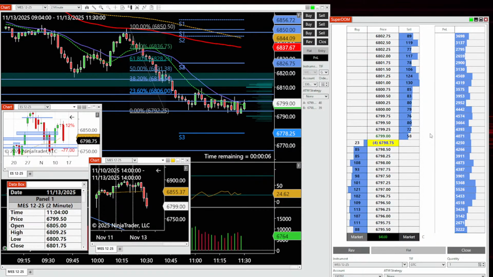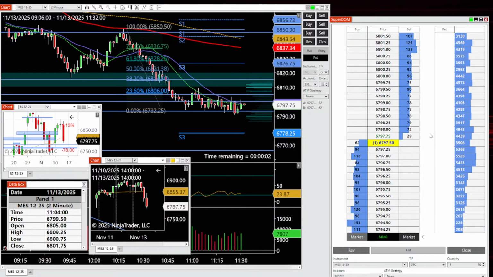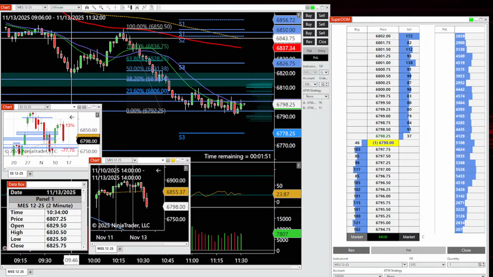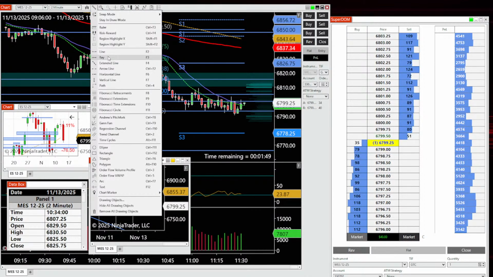15-minute bar about to open up in 4, 3, 2, 1. Not looking good, but not looking bad.